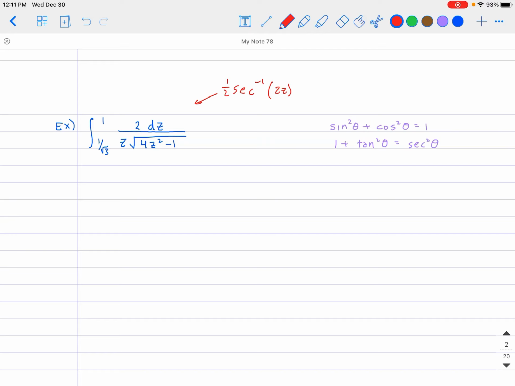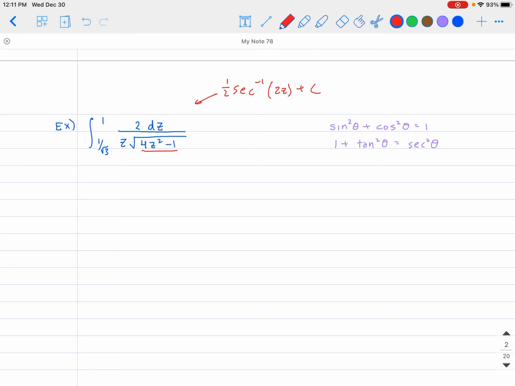But again, just in case we forgot that the antiderivative of this is supposed to be secant inverse, let's go ahead and use this trig substitution to work our way out. Okay. So here again, what I'm going to notice is the bottom part over here, which is 4z squared minus 1. Now, which one is going to give me something squared minus 1?